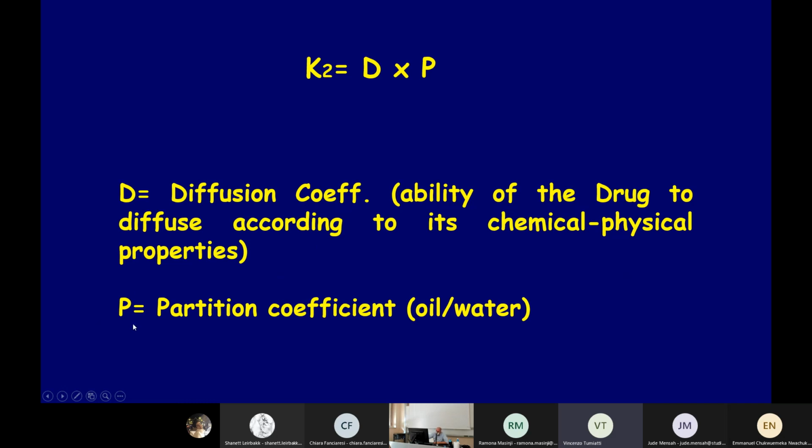But there is also P. P is a partition coefficient, oil, water. P is a value that describes the ability of your molecule to be solved in water or in oil.